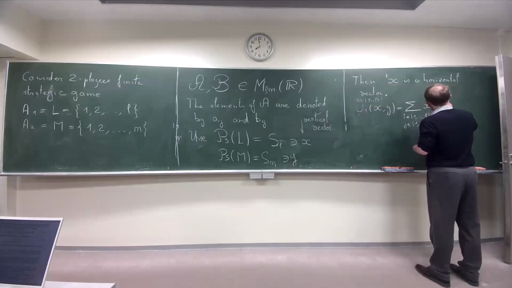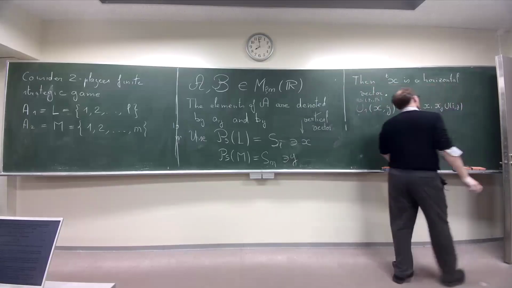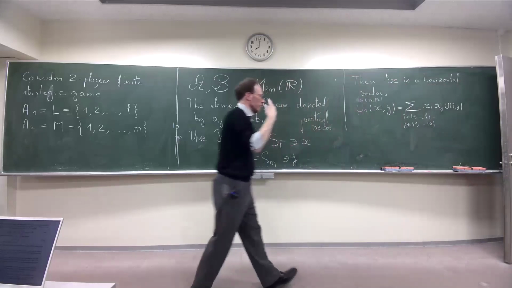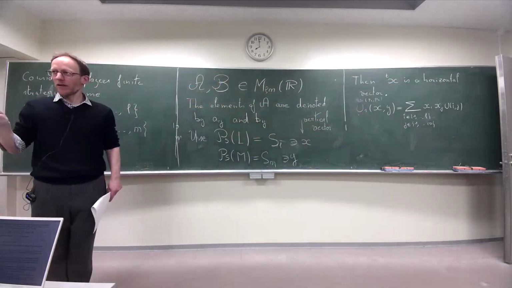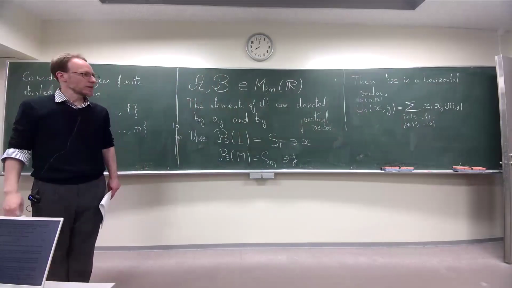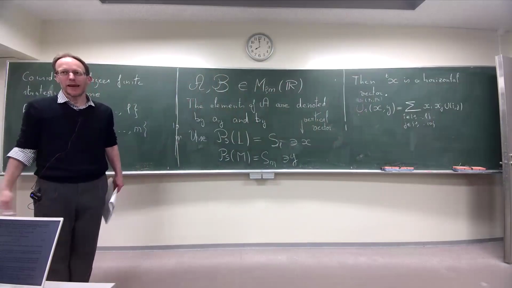Xi, Xj, U of ij. So it's not difficult. You can check. I'm using exactly the same definition, except that I have slightly changed the notation because I want to come to a linear algebra framework.